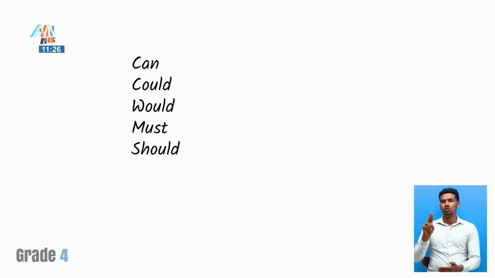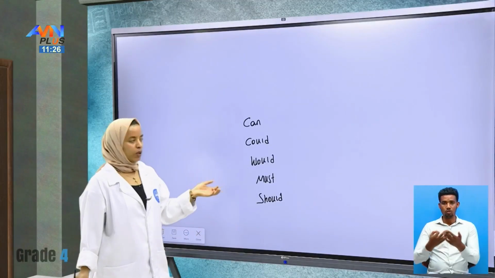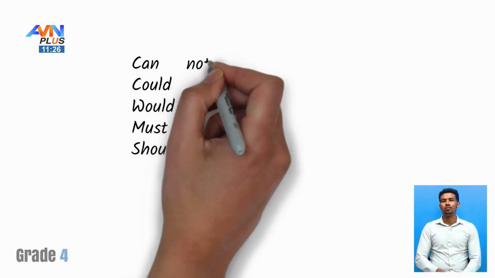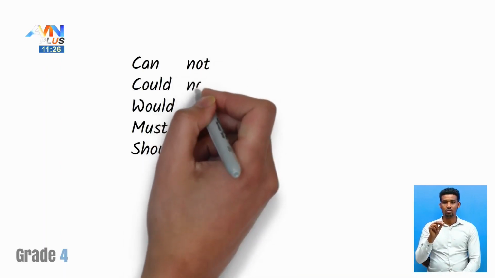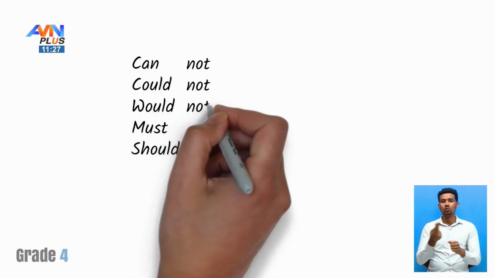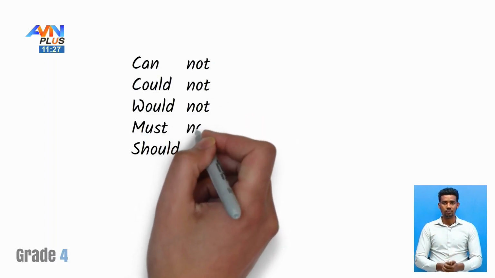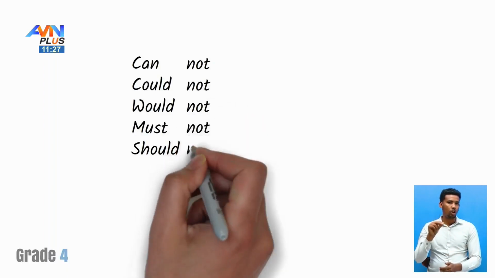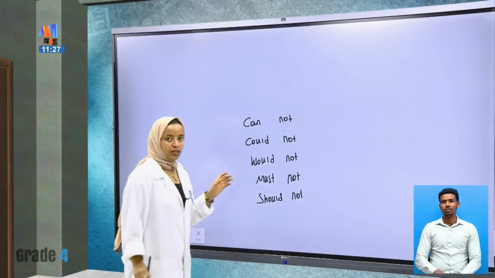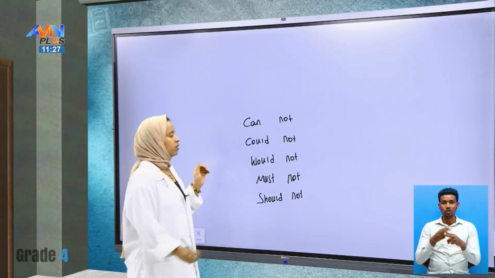And let us make short forms of these words. Like, for example, not. For example, we can even use would not, must not.